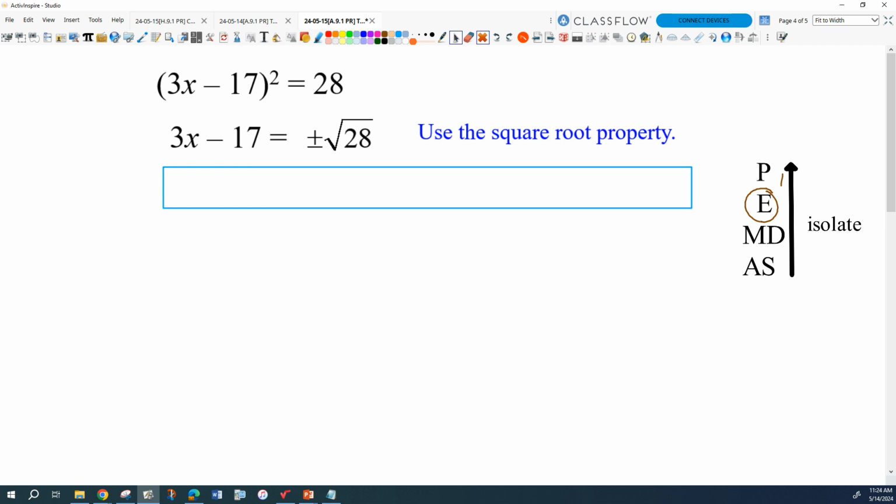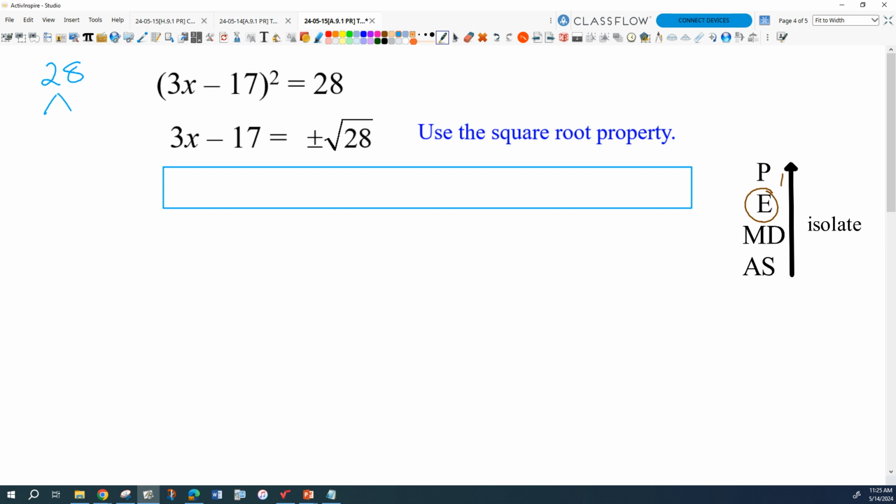Good. Okay, so now what would we probably need to do with that square root? Yeah, good. I got to simplify it, right? So I'll make a factor tree with my 28. What would be a good way to break up 28?